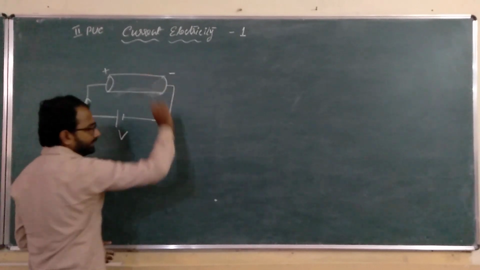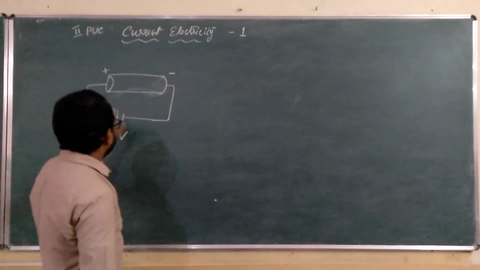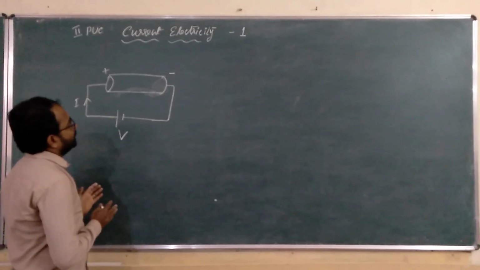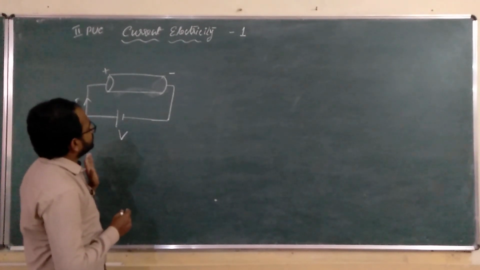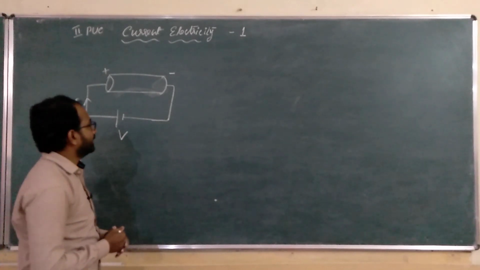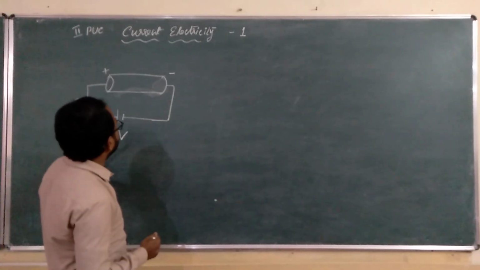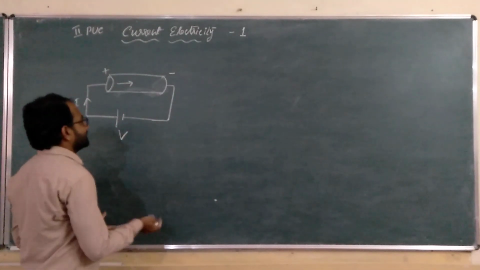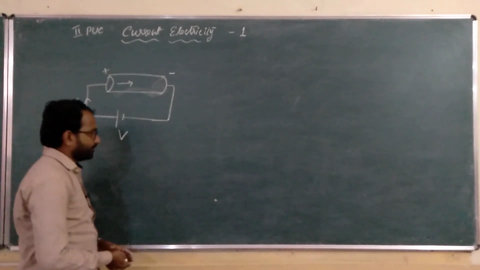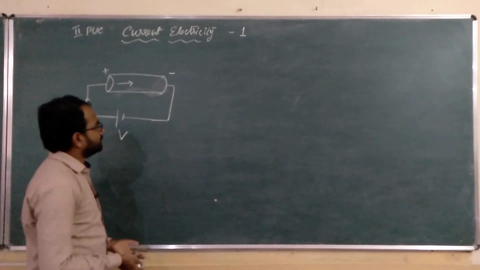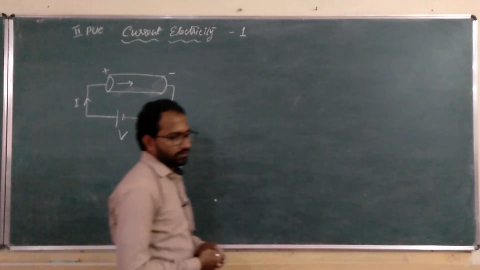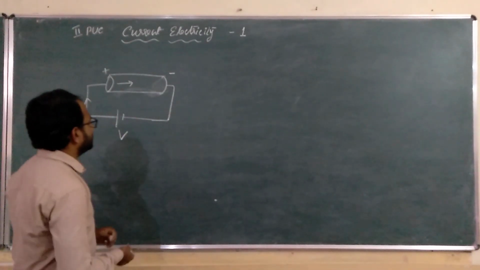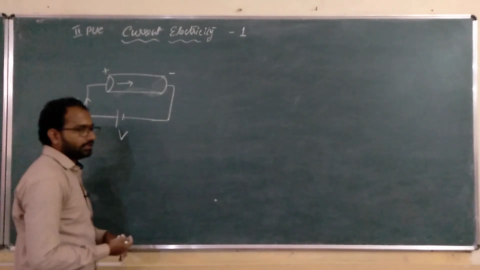This end is at negative potential because it is connected to the negative terminal of the cell. Now the electrons are moving in a particular direction. Under the applied electric field, those electrons are accelerated or drifted. Even though there is acceleration, the velocity of the electron does not increase; it moves with a constant average velocity, which is called drift velocity.